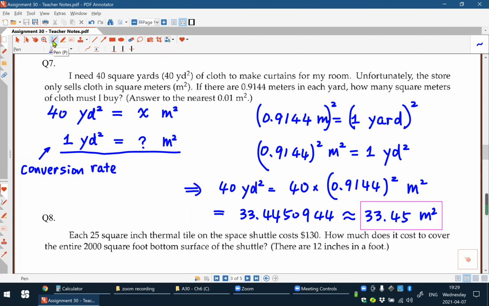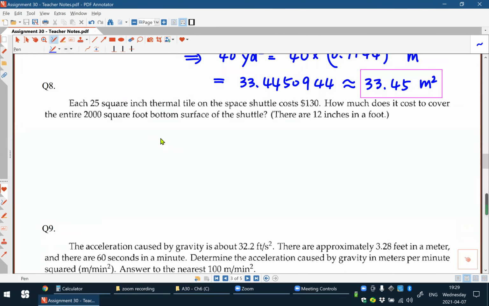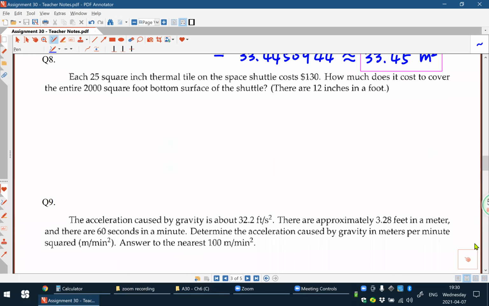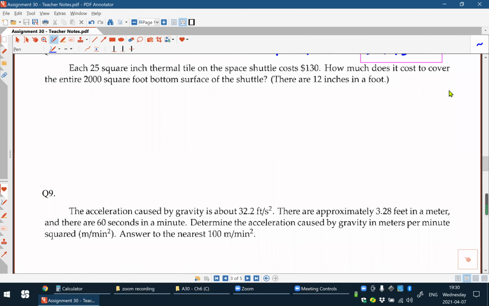No questions? Okay, let's see question 8. Each 25 square inch thermal tile on the Space Shuttle costs $130. How much does it cost to cover the entire 2,000 square foot bottom surface of the shuttle?